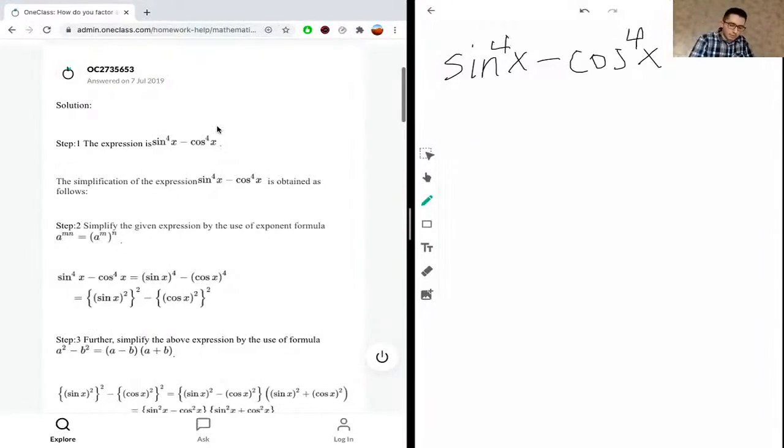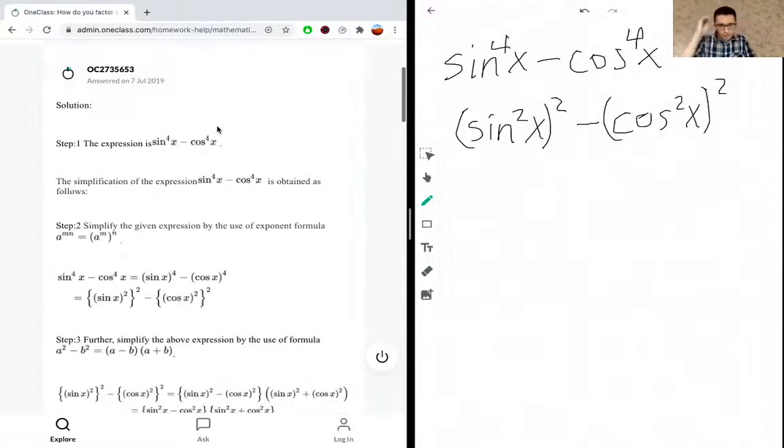Because we have a minus sign in the middle, we can see that this is a difference of squares. I'll clarify that by rewriting this equation in a simpler format: sine squared 2x squared minus cos squared 2x squared.